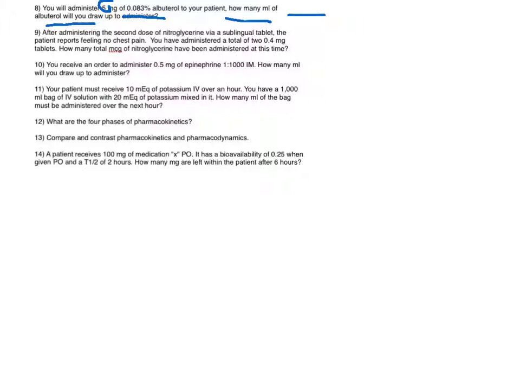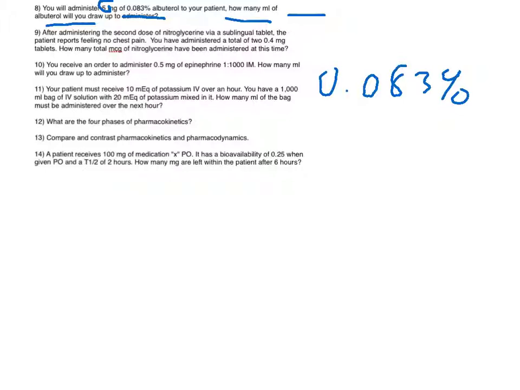So what this question is saying is that I have a vial of 0.083% albuterol, and that's all I have. And my patient needs 5 milligrams, and I need to figure out how many milliliters of that 0.083% albuterol equal 5 milligrams. So, like any percentage problem, the first thing I need to do is figure out what 0.083% actually means, and I need to reduce it to milligrams, because that's actually what I'm administering to my patient.